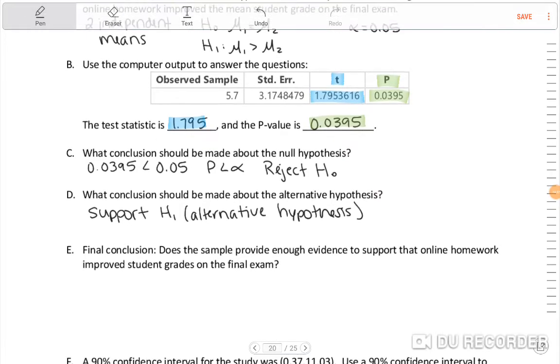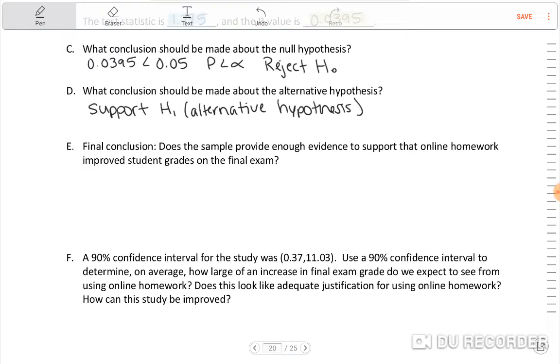Okay. And then final conclusion. Does the sample provide enough evidence to support that online homework improved final student grades on the final exam? Well, let's see. We said we were going to reject the null hypothesis. That means that we are supporting our claim that the online homework does improve student grades on the final exam.